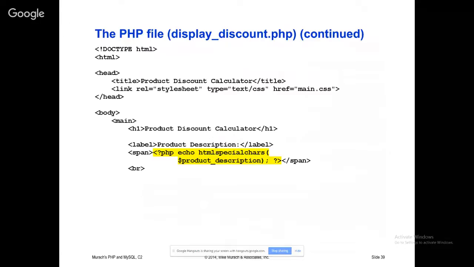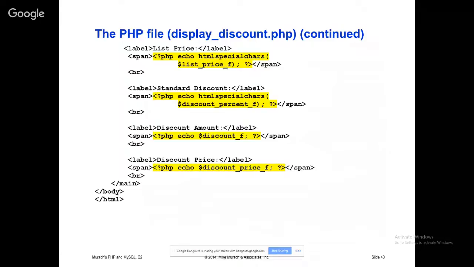We didn't create this variable, so the user entered it, so we need to make sure they didn't add some script tags there. And the same for the other 2 that came from the user. And then the discount formatted and discount price formatted, we're not using the HTML special chars because we created those in the program. So therefore, we know where they come from.